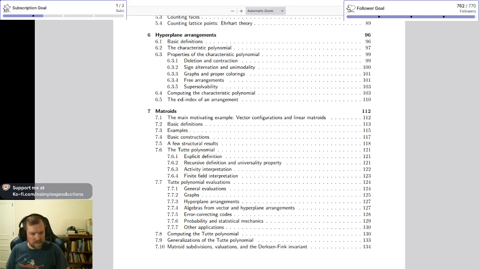Used it in a permutation study at one point. Permutahedron. Okay.